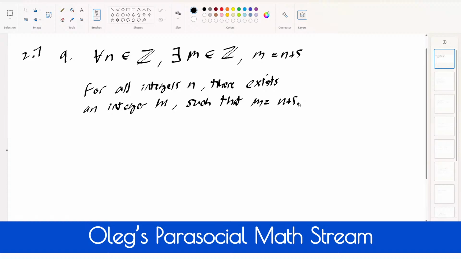Okay, so what if m is 0? For all integers n, there exists an integer m. So we're solving for the m as the output. We have to crack it so that we can't get it. So if n equals 0, m is 5, so 5 is equal to n plus 5.